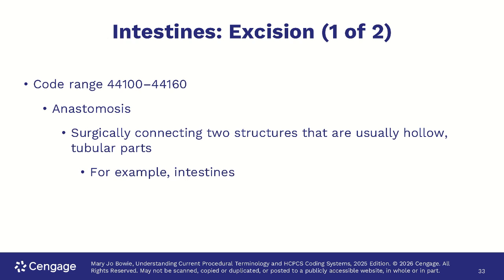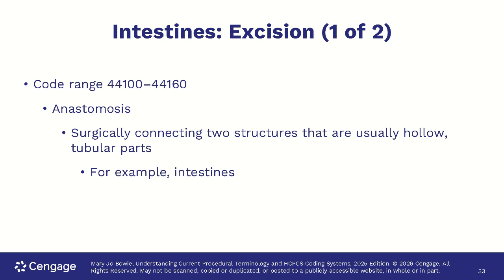All right, codes for excisions completed on the intestines. Here, one word you're going to see quite frequently is the anastomosis. And this is a process of surgically connecting two structures that are usually hollow tubular parts.